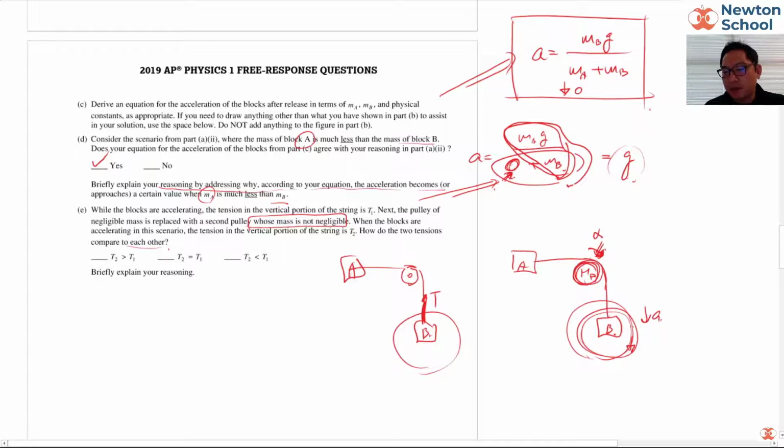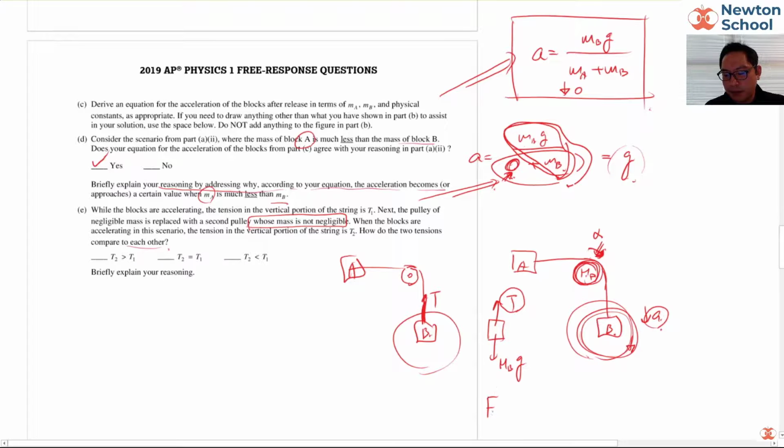Because now you have to share the force with the pulley, your acceleration will be smaller. I already know acceleration will be smaller. That means tension will increase, right?